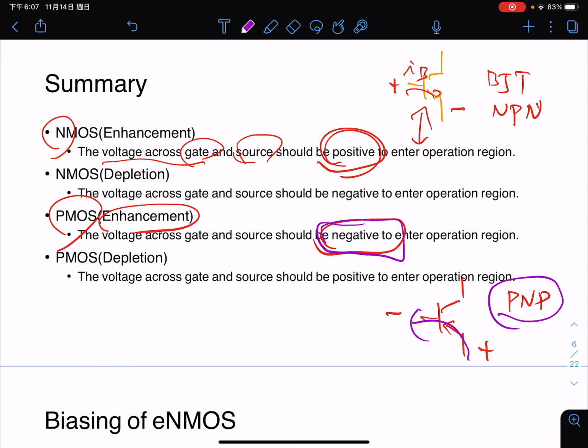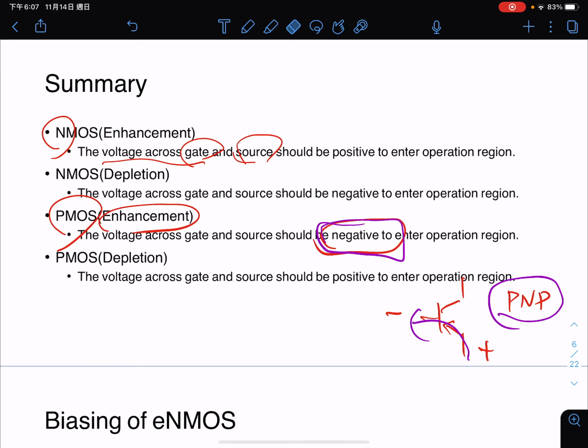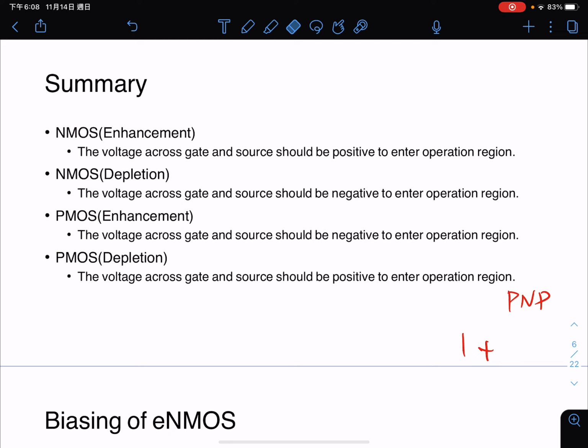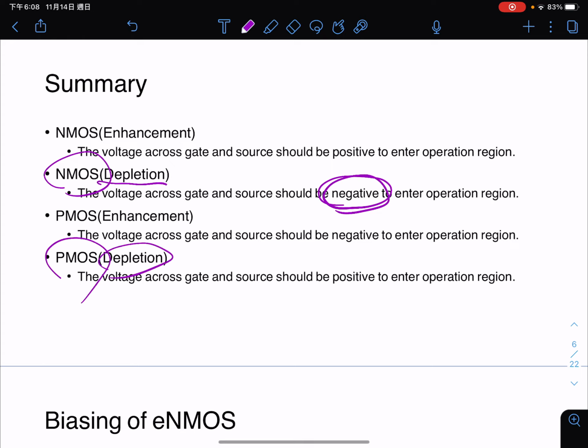But for the depletion type, the operation works inversely. For the depletion type NMOS, you have to apply a negative voltage, and for the depletion type PMOS, you have to apply a positive voltage.